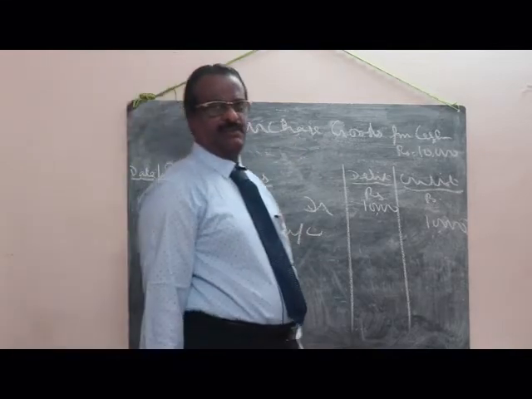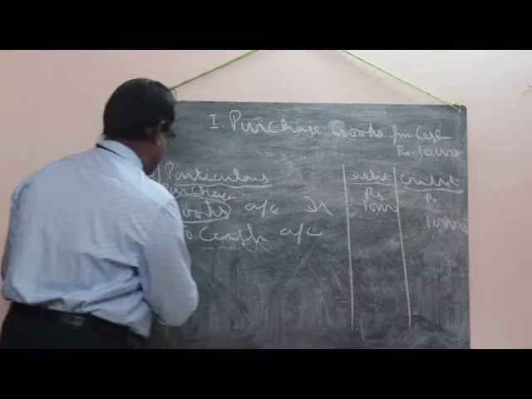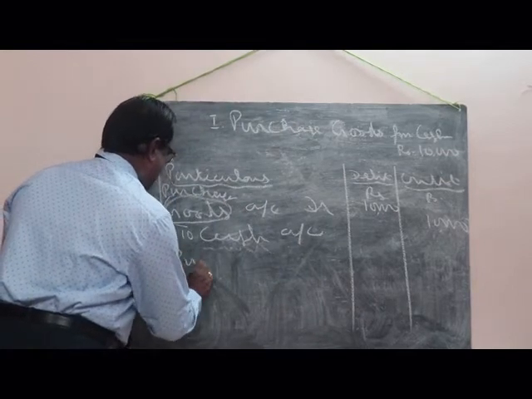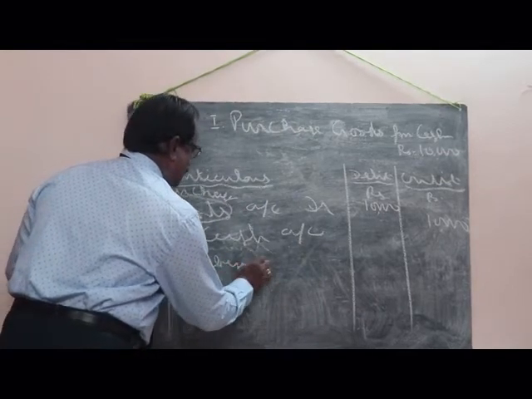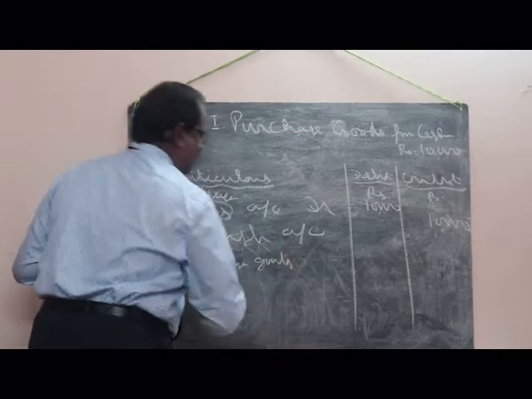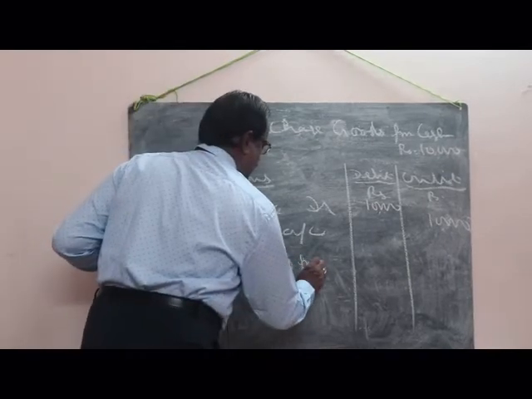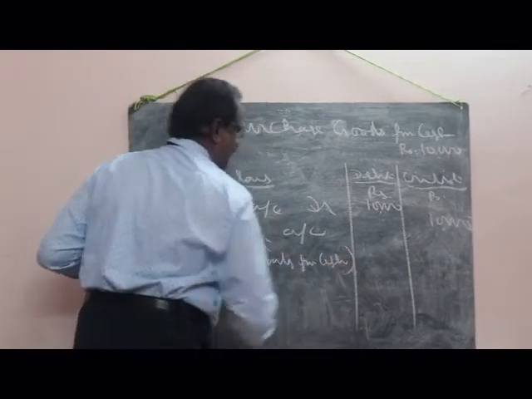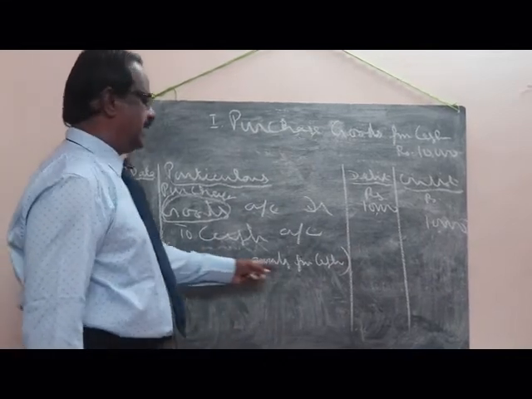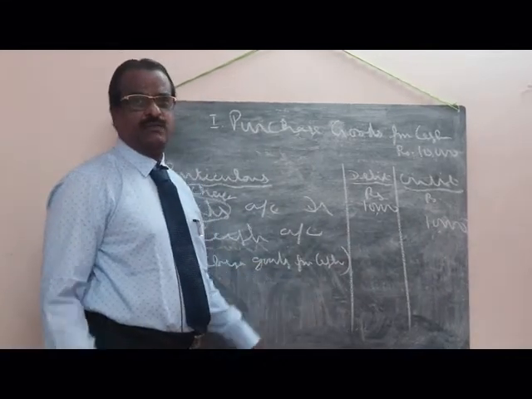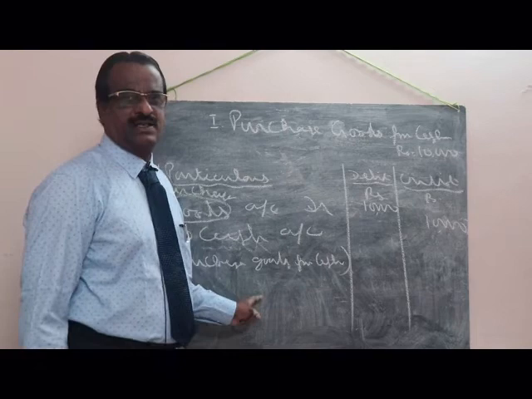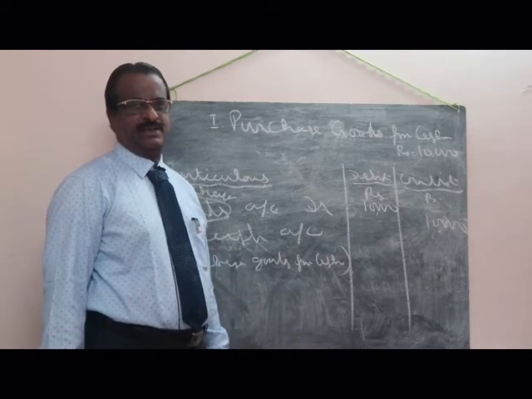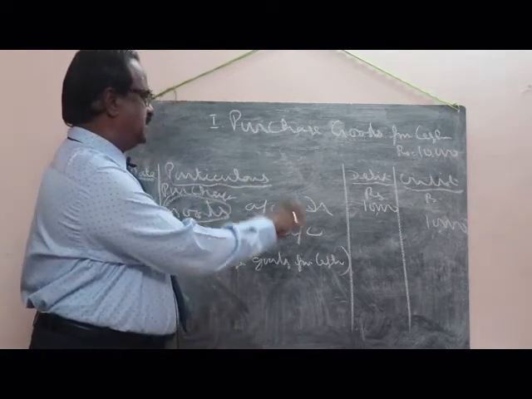Very simple. What is the transaction? Purchase goods for cash. That's all. So this is called narration. In every journal you must write narration. So this is the journal.